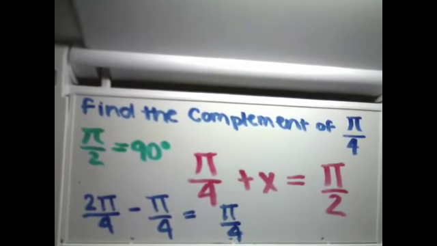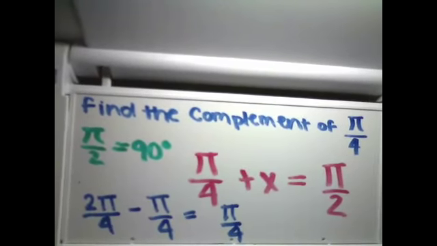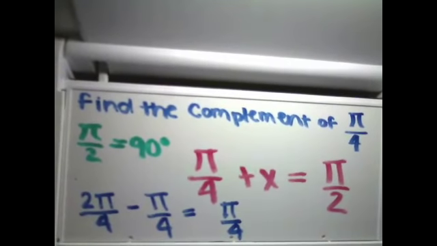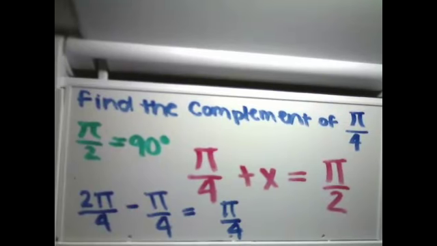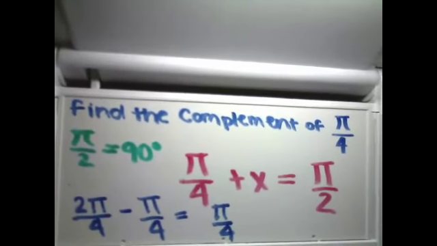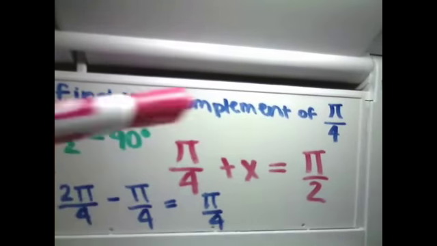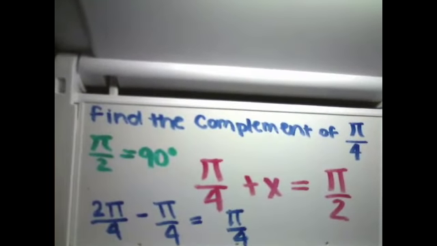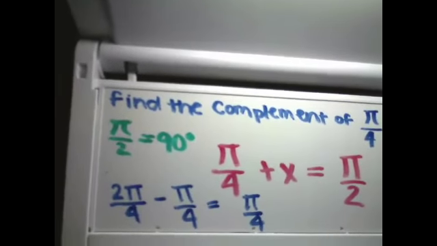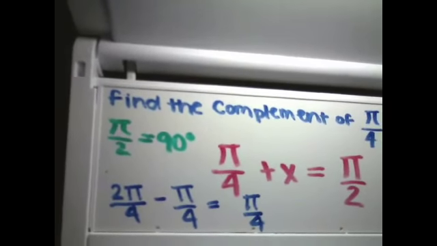Find your common denominators, and pi over 2 will magically transform into 2 pi over 4. Now subtract the original pi over 4 from that 2 pi over 4, and you will get a remaining pi over 4, and that is your complement.